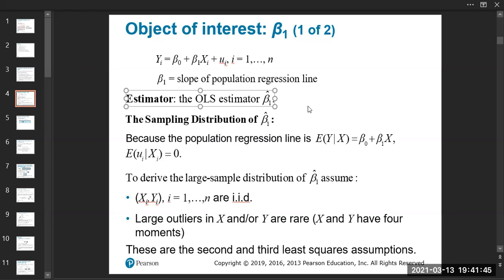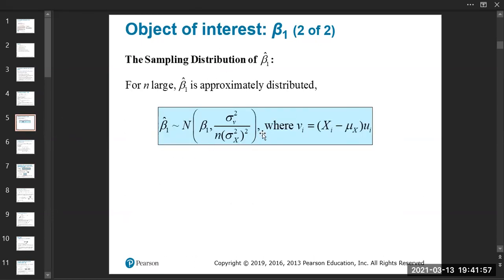After we satisfy these 3 assumptions, which all of you should remember, we know that beta 1 hat is normally distributed. So this is the distribution of beta 1 hat. Its mean is exactly beta 1, the population slope, and its variance is sigma v squared divided by n times sigma x squared.